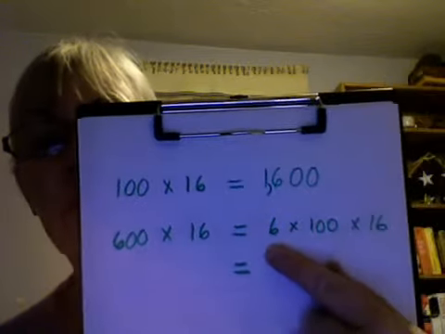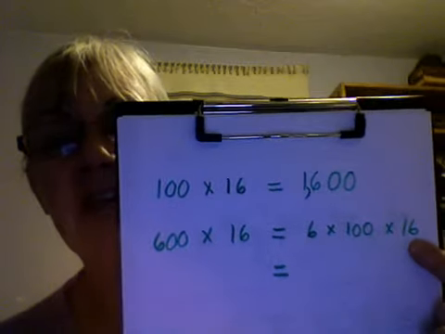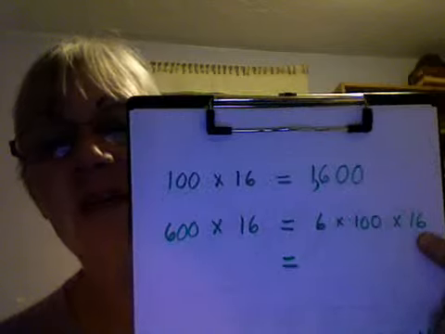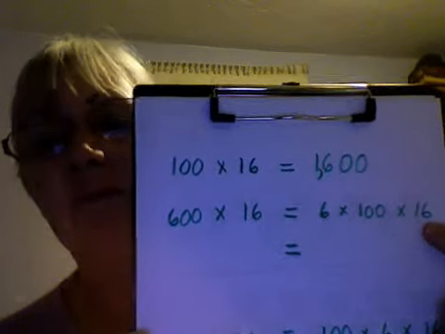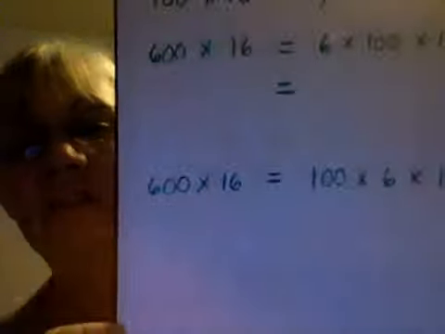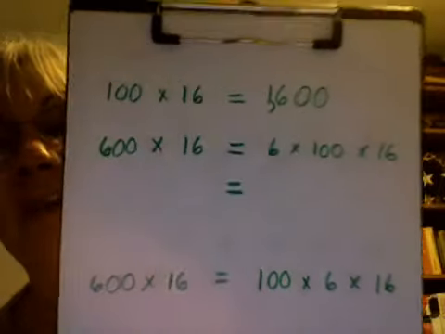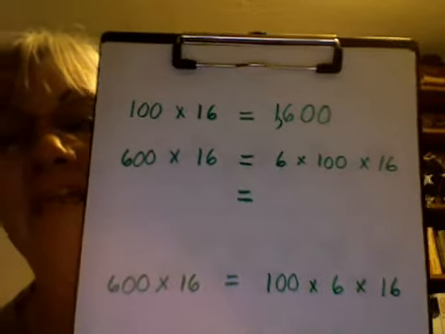6 times 100 is the same as 600, and then it's multiplied by 16. I think I'll do the 6 times 16 first, because that will make my calculation easier, and I've practiced that kind of multiplication, and then I will multiply it by 100.